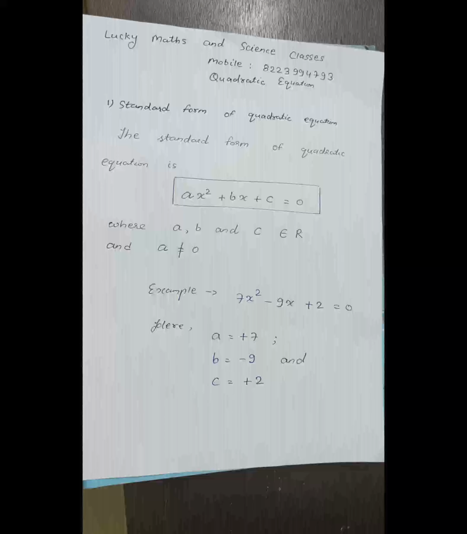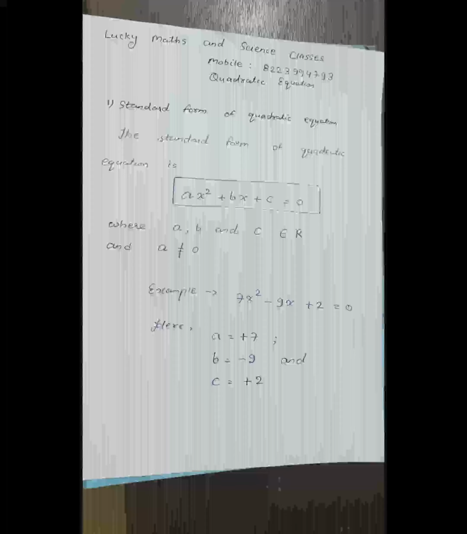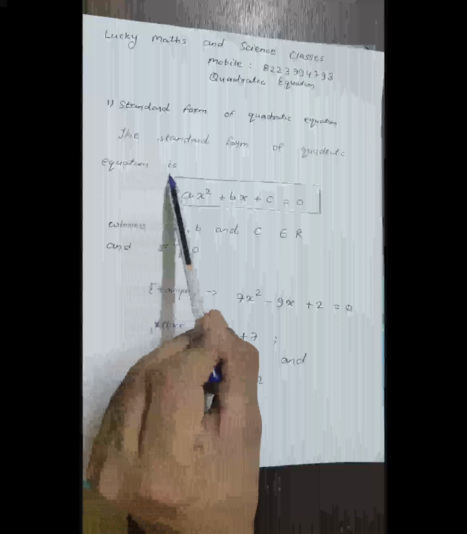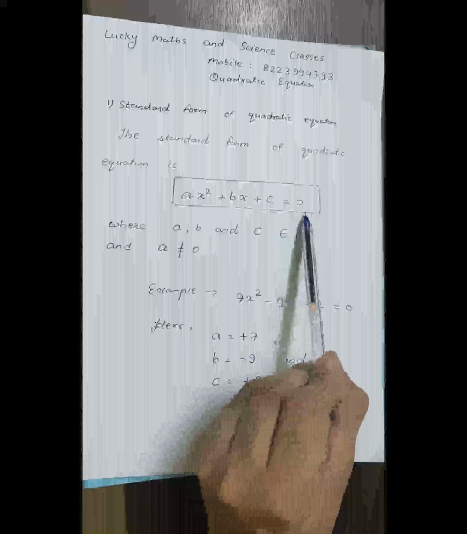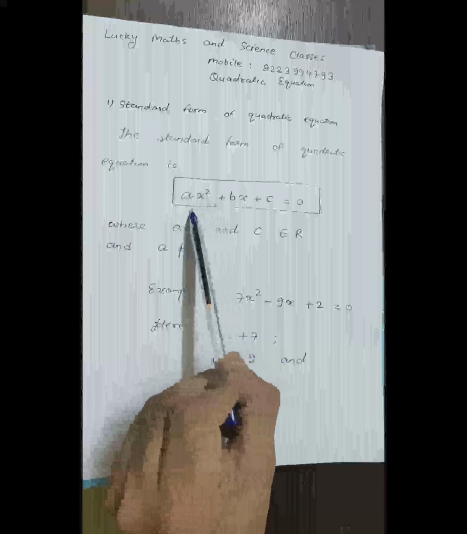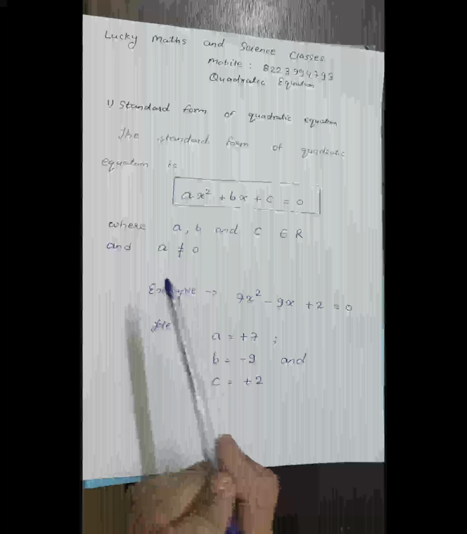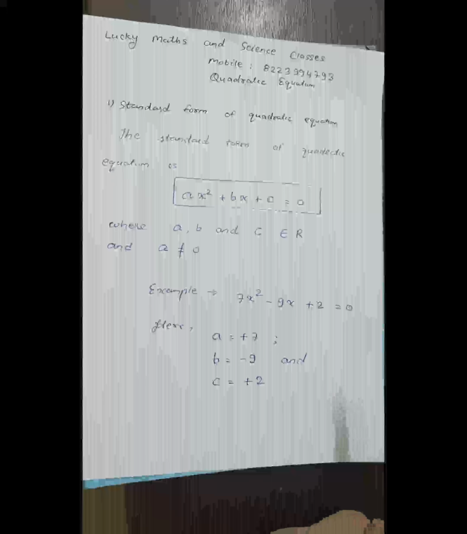Point 1 is standard form of a quadratic equation. As we know very clearly, what do we mean by quadratic? An expression having maximum power of variable 2. So we can say the standard form of quadratic equation is ax square plus bx plus c is equal to 0, where the leading coefficient a should not be equal to 0 and a, b and c belong to real numbers.